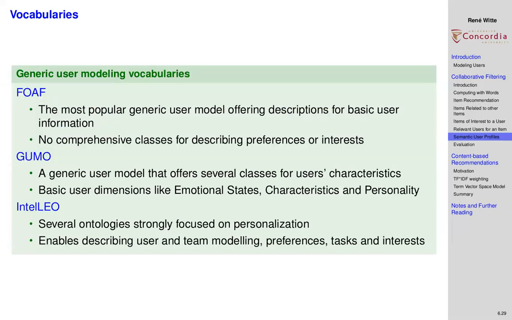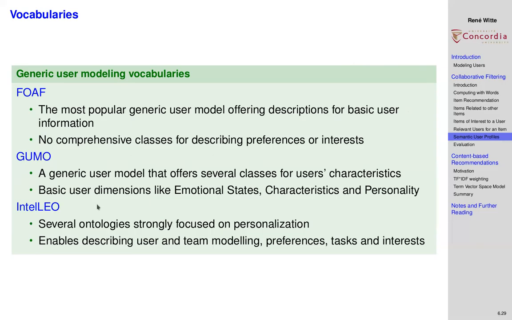But going back to vocabularies, I'm just mentioning 3 of them here at the moment. You've already seen FOAF. So when it just comes to modeling users and the connection between users, this is generally the first vocabulary that people use for modeling. So it's a generic user model, but it doesn't have really a lot of detail about describing user preferences or interests. Another model is GUMO. So that's a generic user model, GUMO, that has a number of classes for modeling the characteristics of users, like personality, emotional states, and so on.